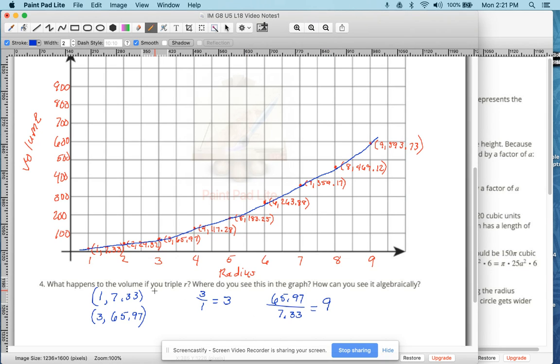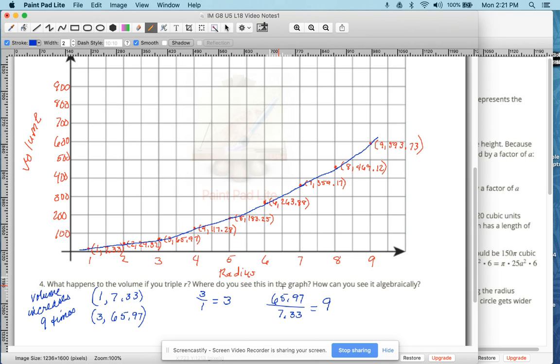So what happens to the volume if you triple R? The volume increases not by 9, but it increases 9 times. Okay, increasing by 9 means you would add 9. This is increasing 9 times. Just like the radius is increasing 3 times.